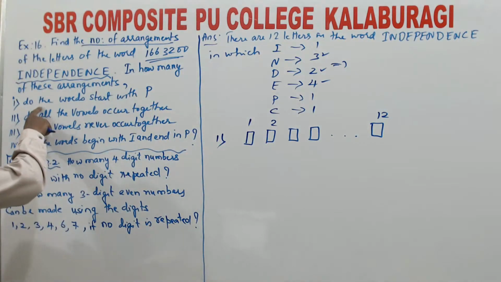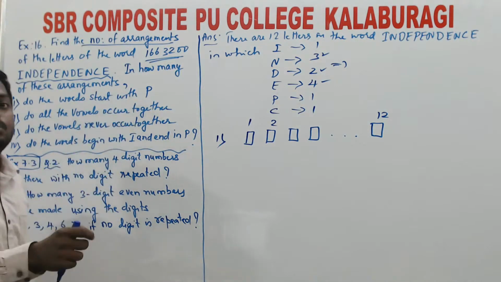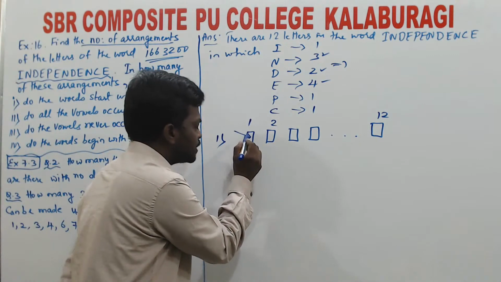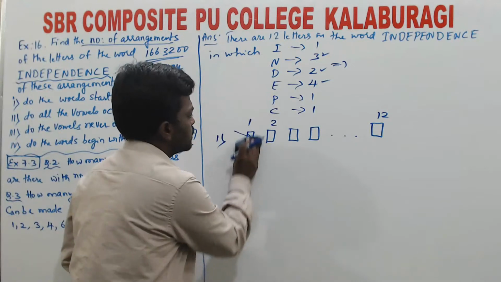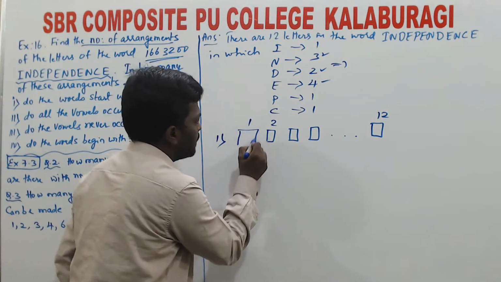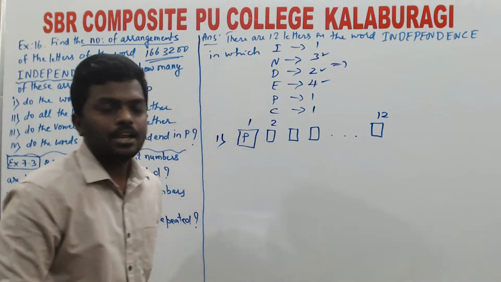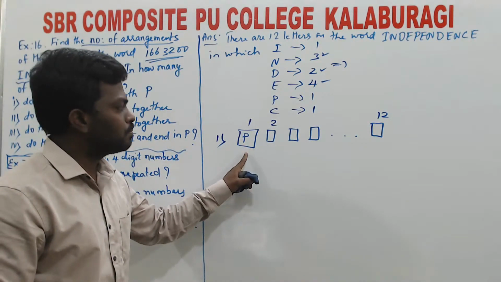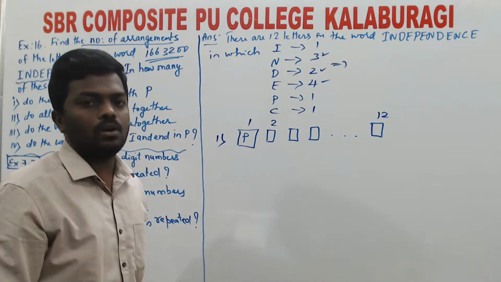But the condition given here is the word should start with P only. That means the first place has to be compulsorily filled by P only, right? There is no change in it. So the first place we should fix with P only.